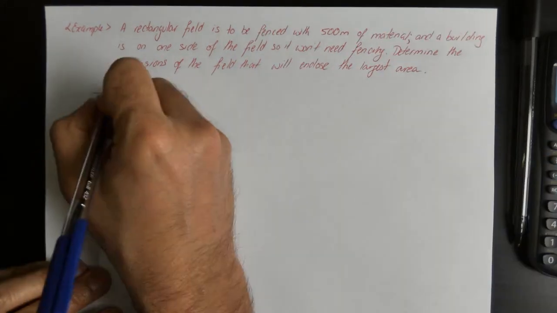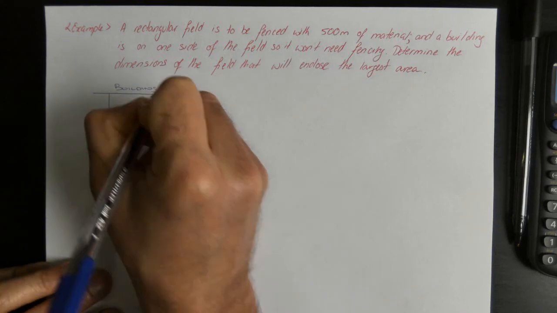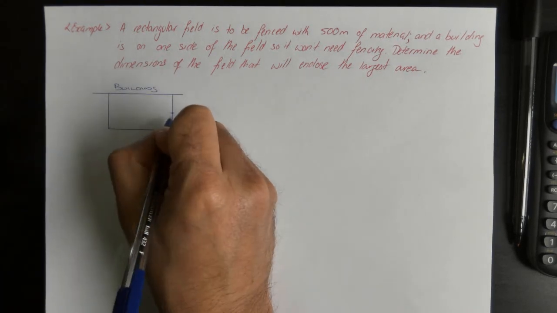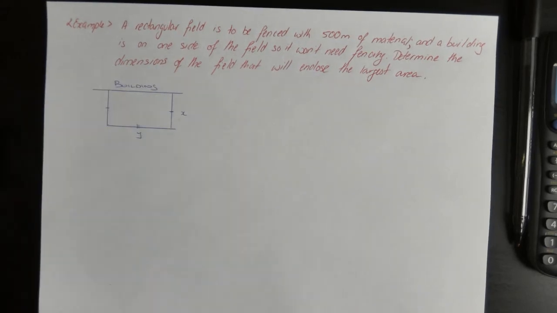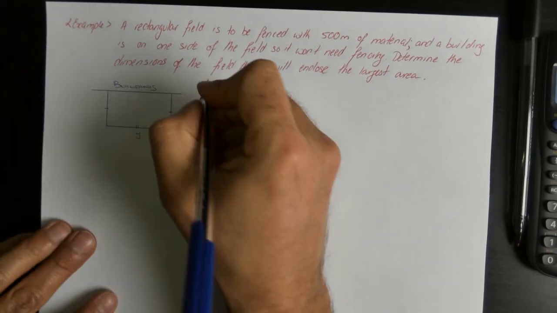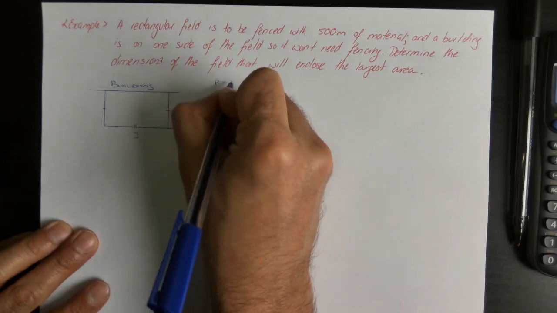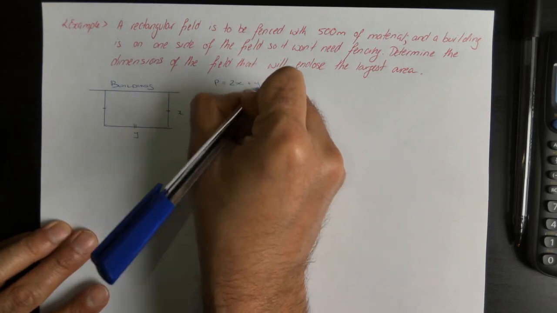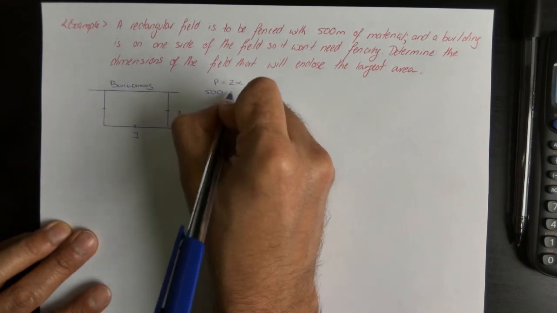So this is the building, and I won't need to fence that. So in this situation, the perimeter would be 2x plus y. Now the perimeter is going to be using 500 meters of fencing.